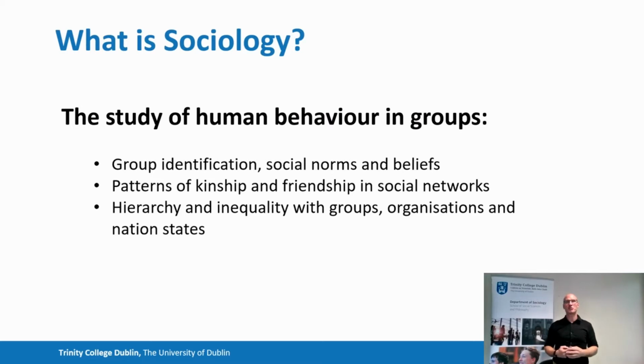So, what kind of influence do groups have on individuals? Well, groups provide a form of identification for individuals. All of us, when asked about who we are, when asked about details about ourselves, we often come up with group identifications. We say that we are Irish, or we say that we are academic.